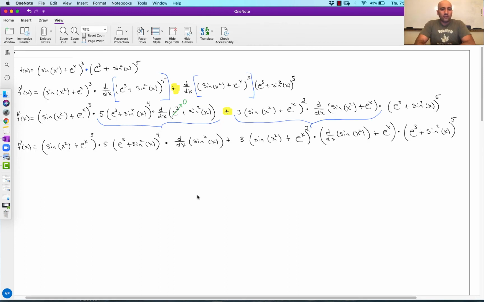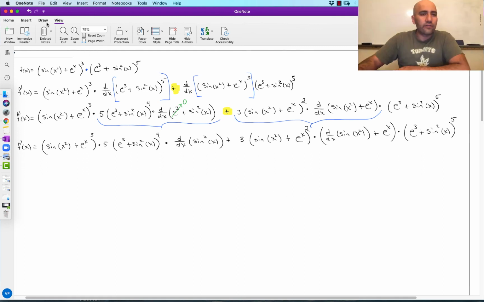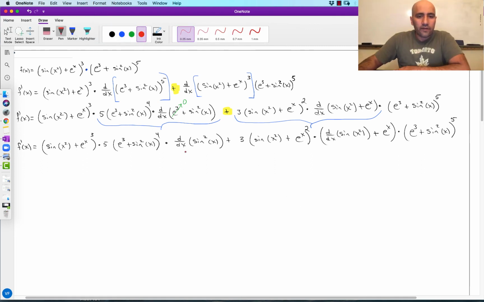Okay, so we're almost done. The only thing that's missing now is we have to figure out what this derivative is. If I can figure out what this derivative is and what this derivative is, then we'll be set. Notice that they look very, very similar, but they're not exactly the same.